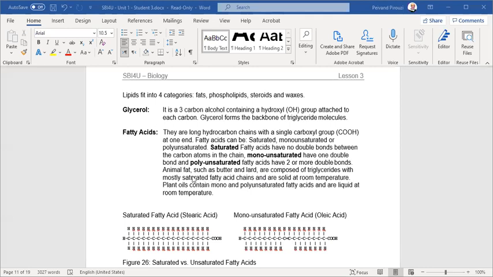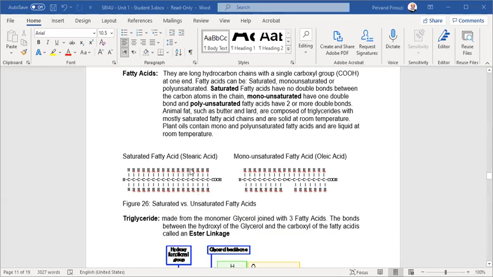Saturated means that all of the bonds between carbons are single bonds, and these fats are solid at room temperature. Plant oils contain mono and polyunsaturated fatty acids and are liquid at room temperature.